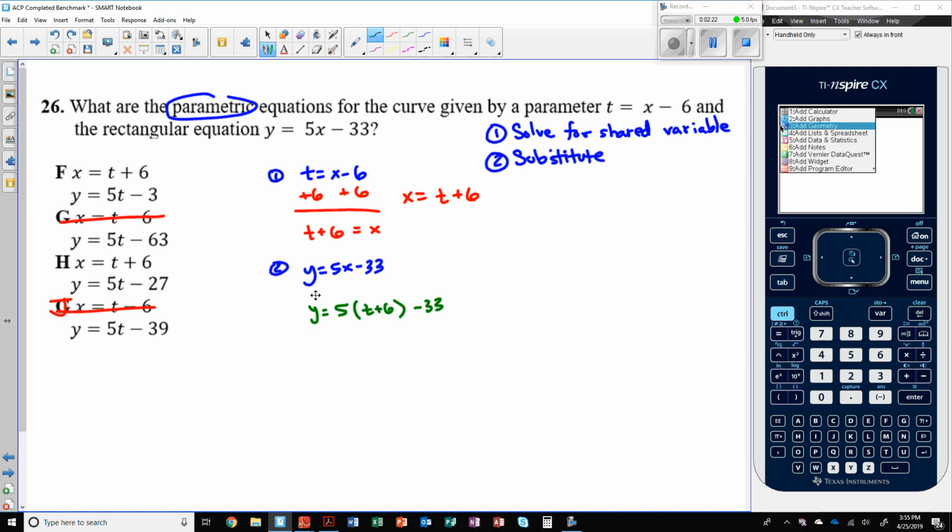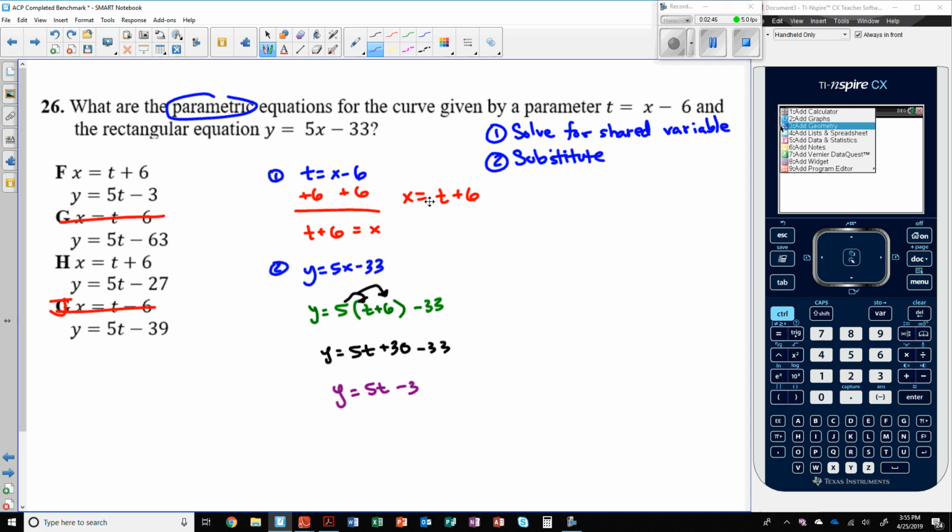The first step here is to distribute, so I'll distribute the 5 here and there, and so I'll have y equals 5t plus 30, because 6 times 5 is 30, minus 33. Finally we'll reduce, combining my like terms: 30 minus 33 is minus 3.